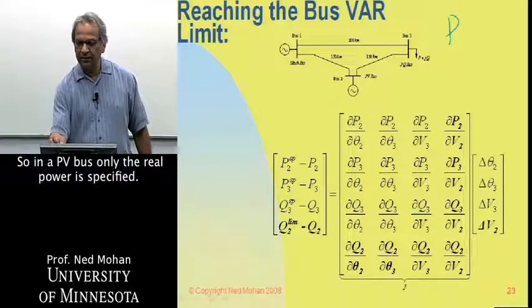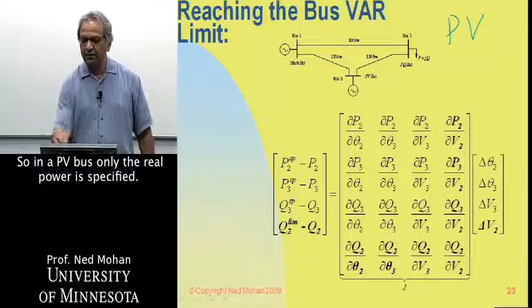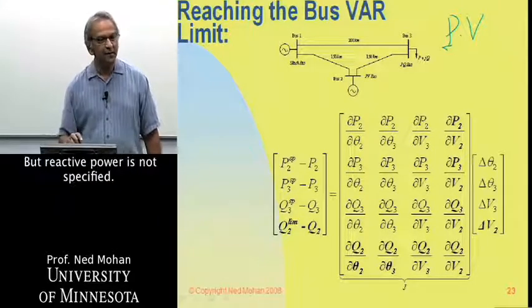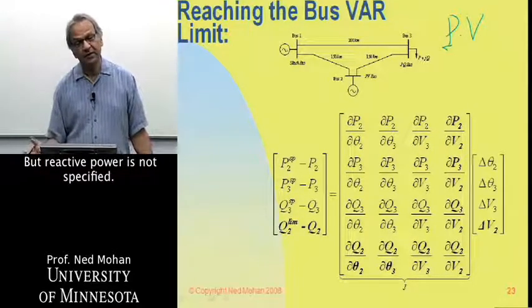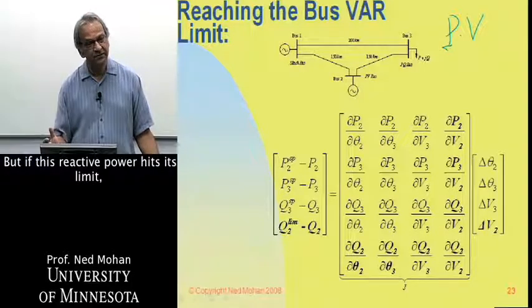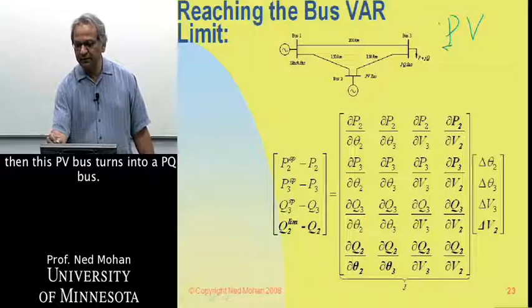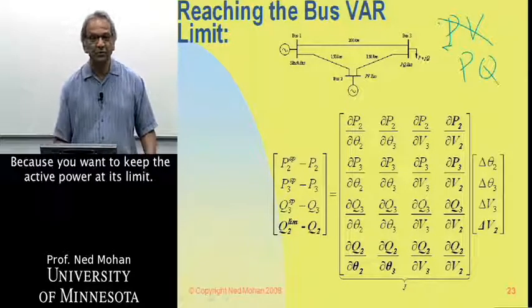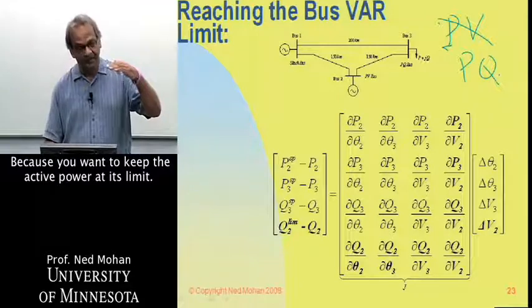So in a PV bus, only the real power is specified, right? But reactive power is not specified. But if this reactive power hits its limit, then this PV bus turns into a PQ bus, because you want to keep that reactive power at its limit.